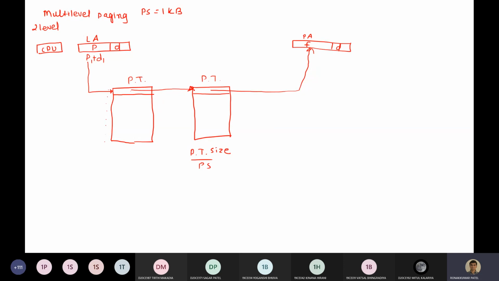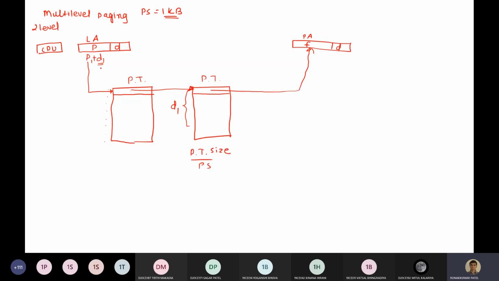And in that page table, which entry will be taken care of by this D1, right? So in this page table, which entry, that is D1. Because our whole page table is divided in 1 KB size. So what will be the D1?